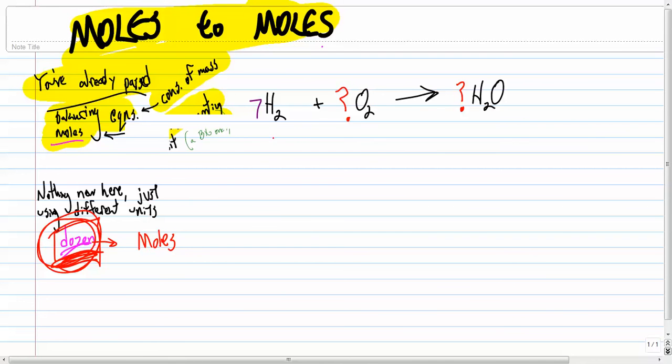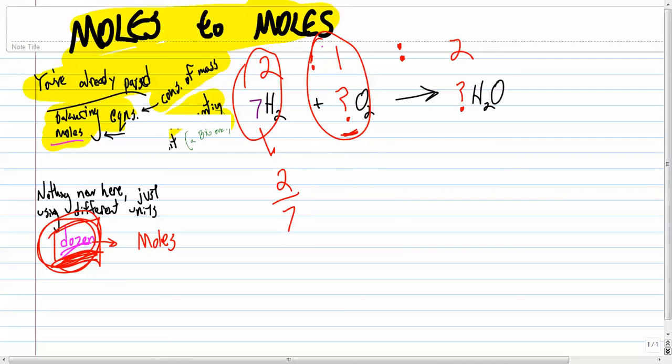I know that in the balanced equation, this is a 2 to 1 to 2 ratio. So all I do is I use these to make a fraction, and I use these to make a fraction, and I just solve for the unknown, like this. I'm going to go 2 over 7, that comes from there, and I'm going to say that equals 1 over x, and that comes from there.